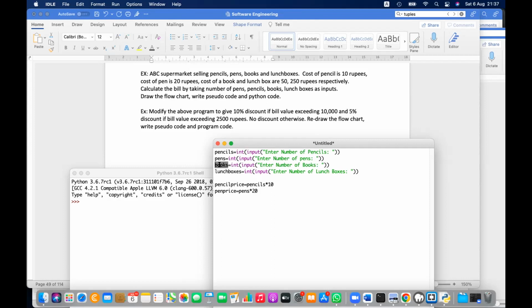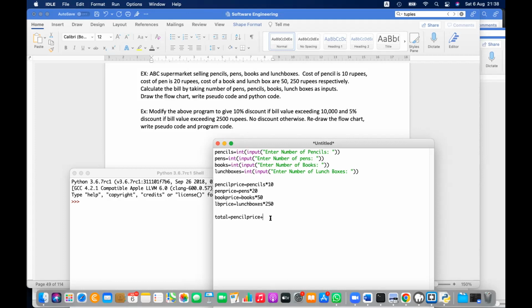Then book price is equal to books multiplied by the price of a book, which is 50. And then the lunchbox price, I'm just saying LB price, is equal to lunch boxes multiplied by the price, which is 250. This way you can get the prices, and the total can be calculated by adding these prices together. I hope this part is done.